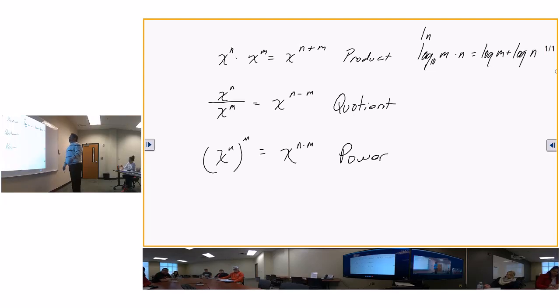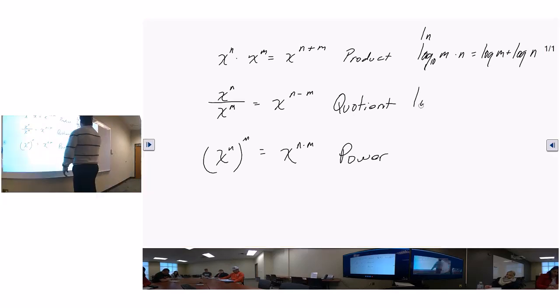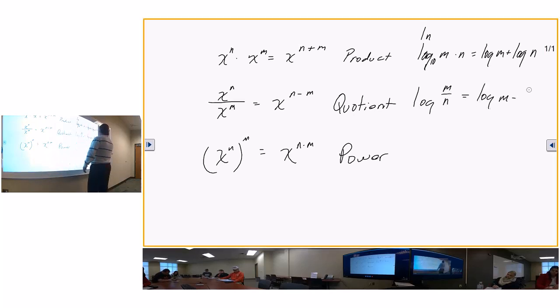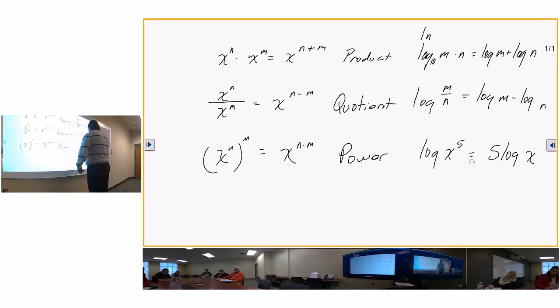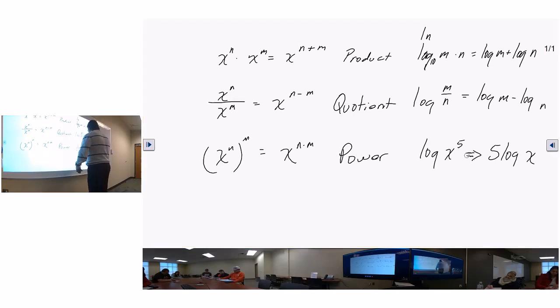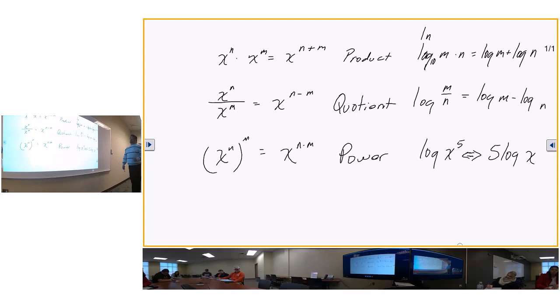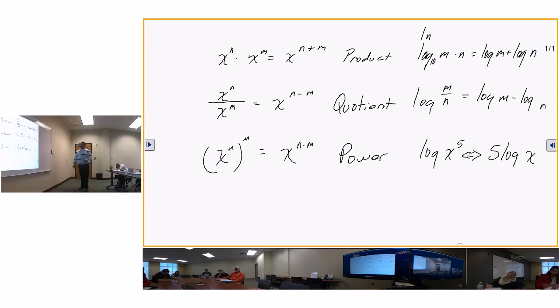Same thing with the quotient rule. If you have log of m divided by n, that's equal to log of m minus log of n. And if you have log of x to the 5th power, that's going to be 5 log of x. Okay? So hopefully most of y'all remember this kind of review. You've got to remember the basics of the natural log also.